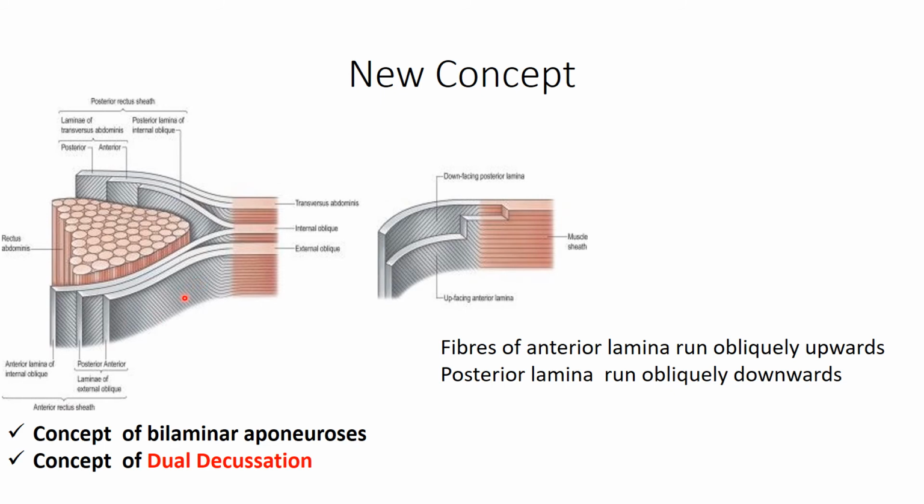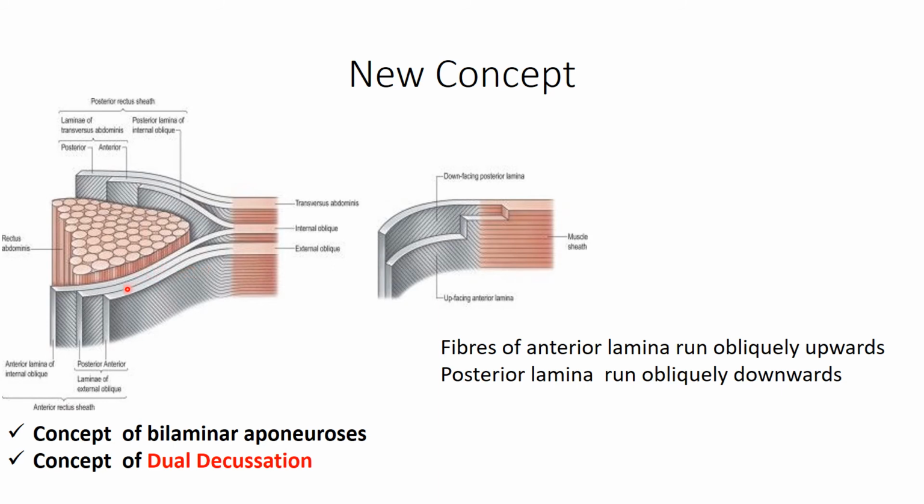Now each of these aponeuroses, according to the new concept, is a bilaminar aponeurosis, each having an anterior and posterior lamina. The anterior lamina of each runs obliquely upward, and the posterior lamina is at 90° to that, running obliquely downward.